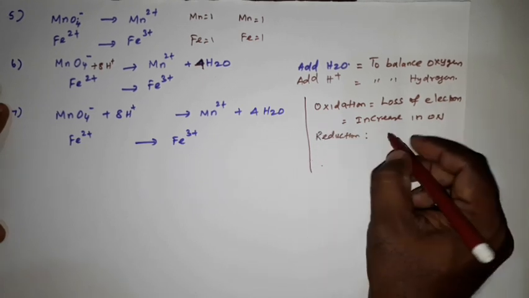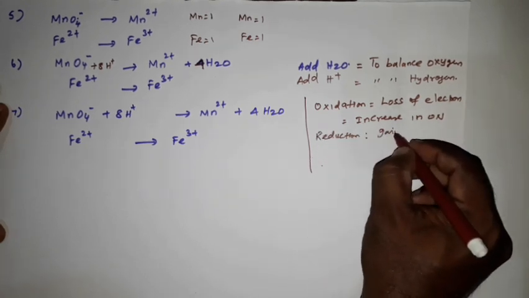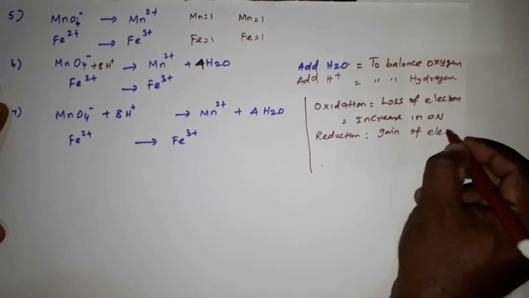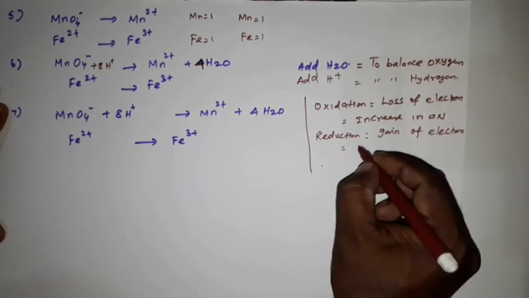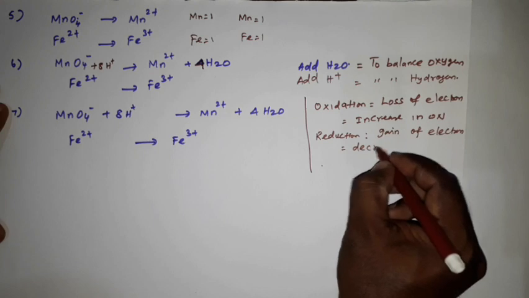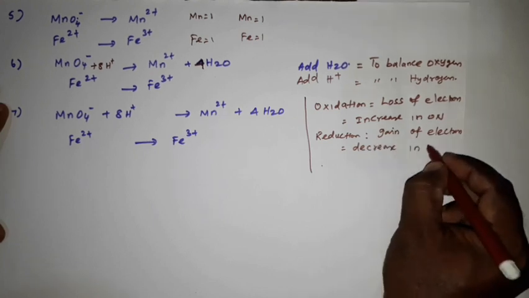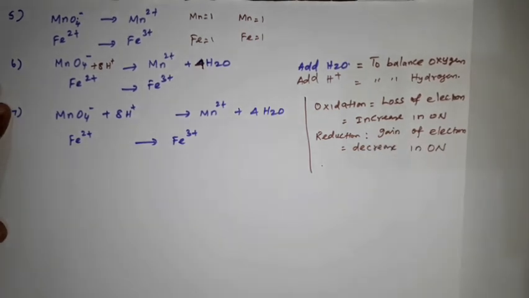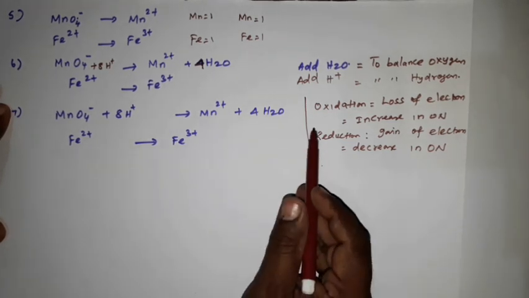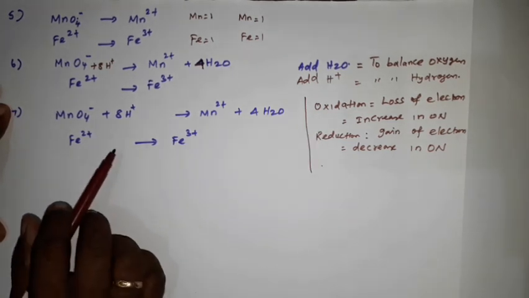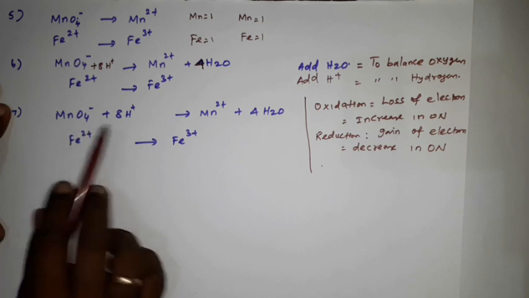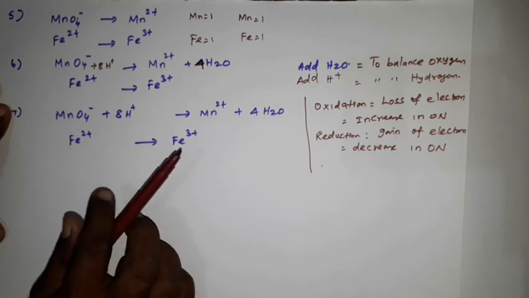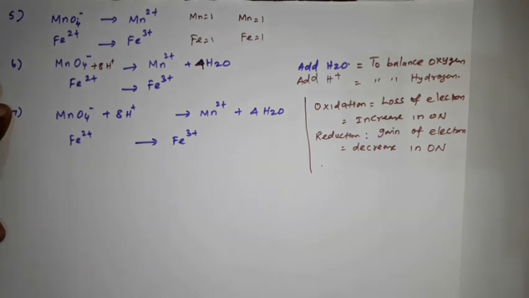Reduction, what is the meaning of reduction? Gain of electrons, decrease in oxidation number. Clear? So now oxidation and reduction you know very well. Here which is oxidized and which is reduced, you also know very well.